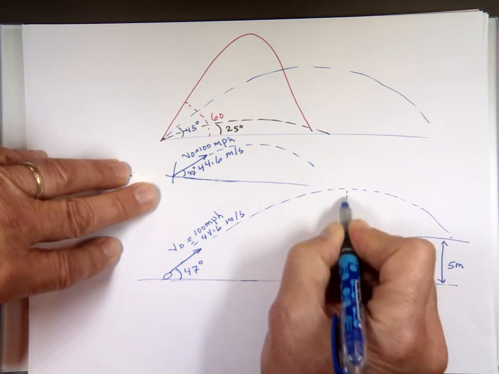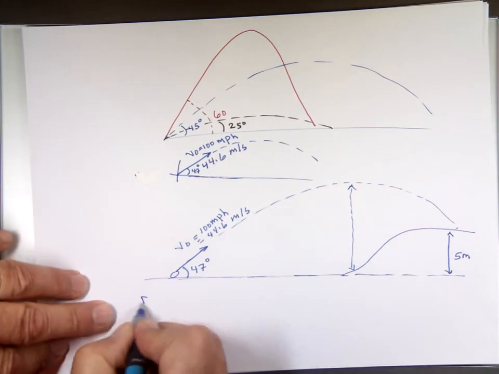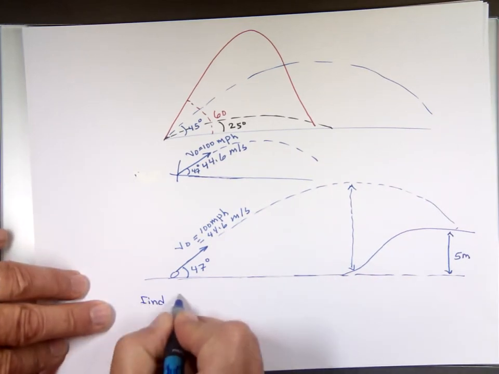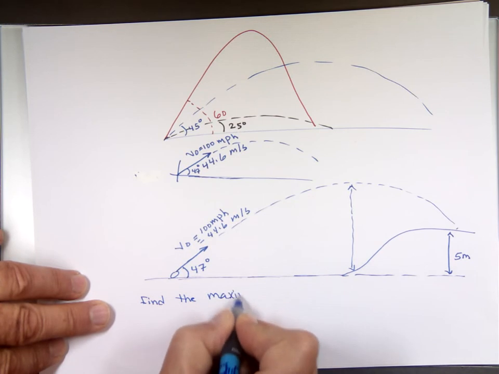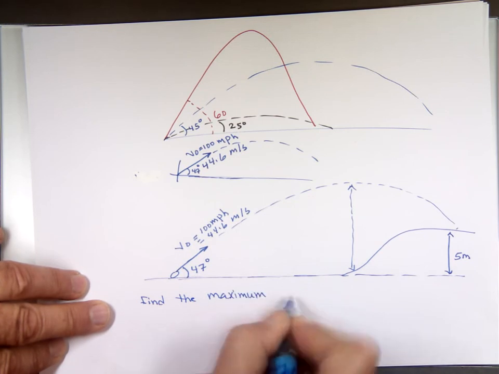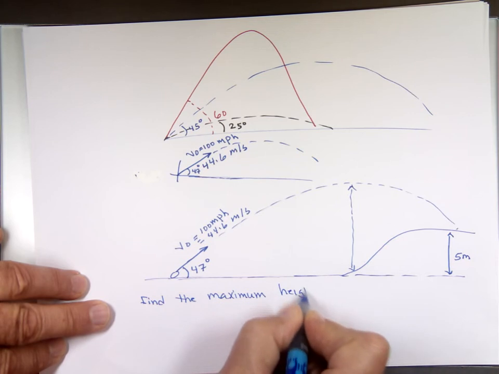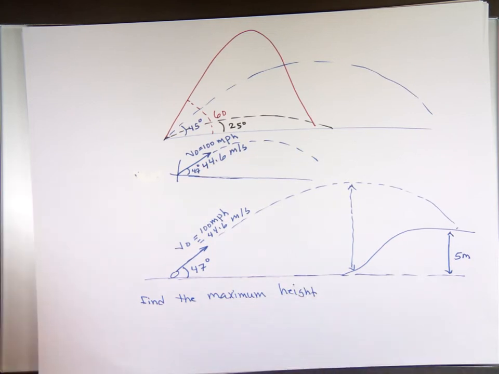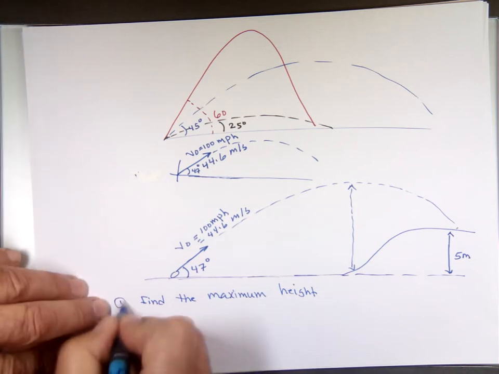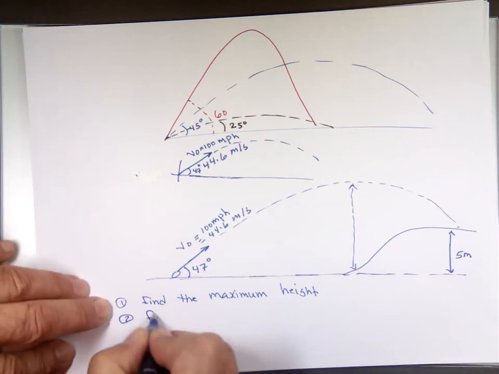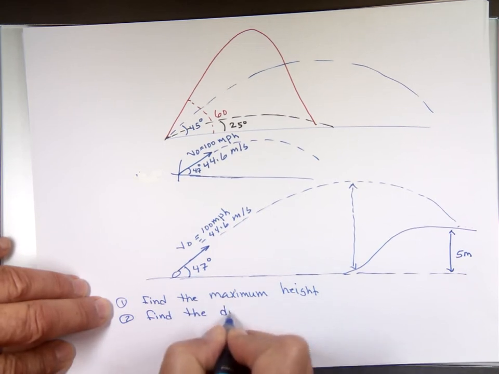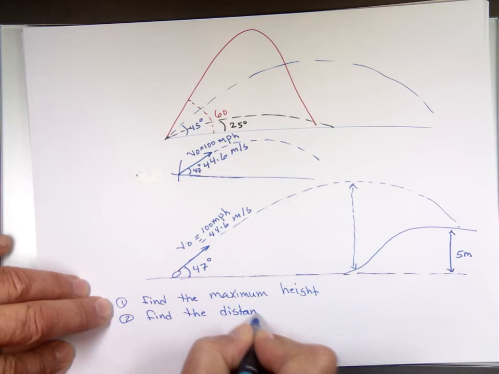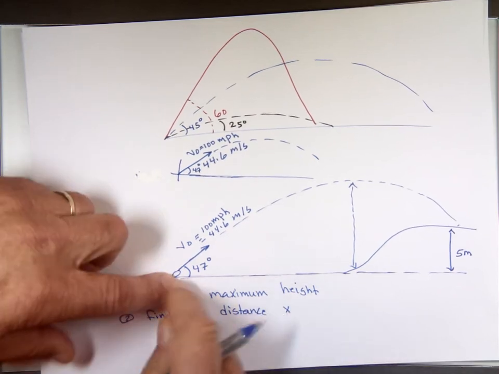Find the maximum height. Find the distance traveled, that's x, we're looking for x. Distance x. Where did it land in relation to this point? What's that distance?